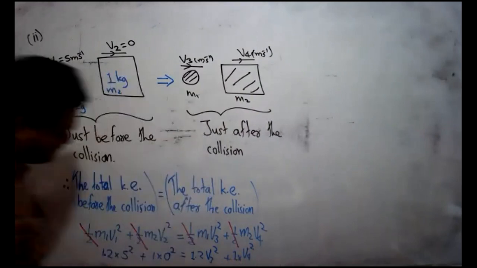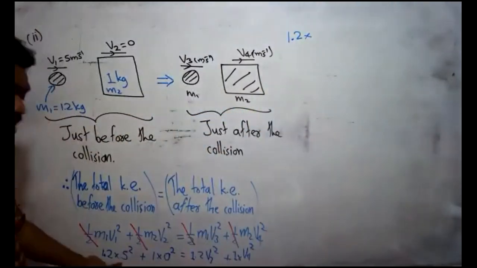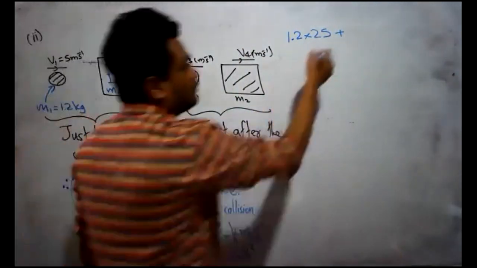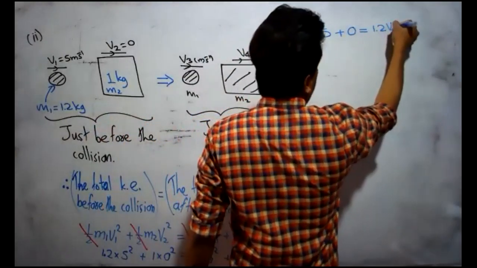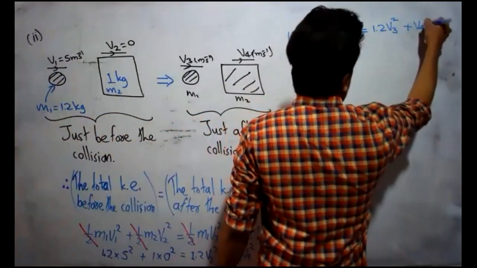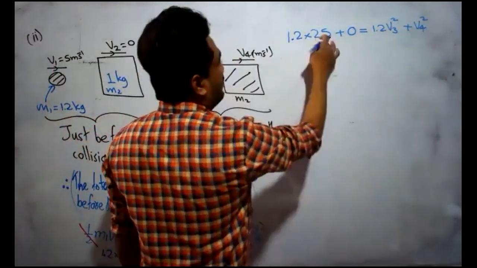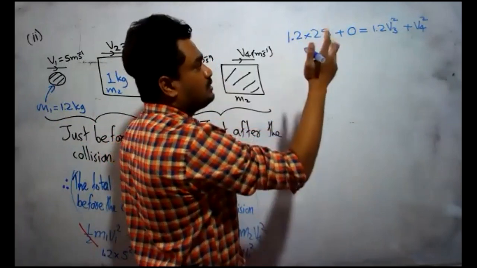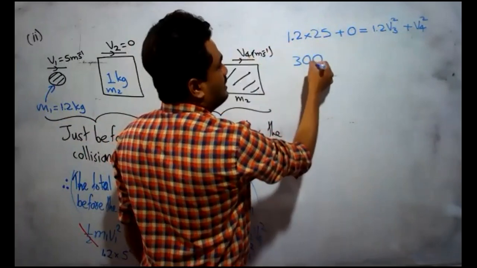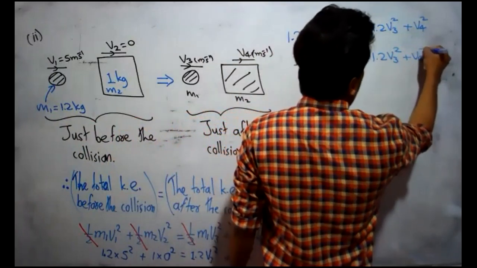So 1.2 into square of 5 is 30, plus 0 into anything is 0, equals 1.2 times V3 square plus V4 square, because all the half terms are cancelled out.